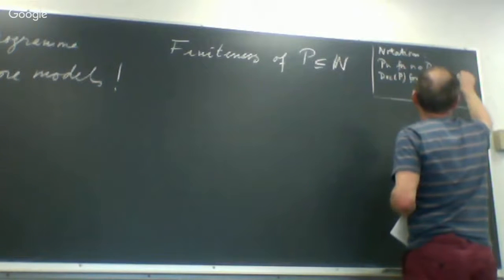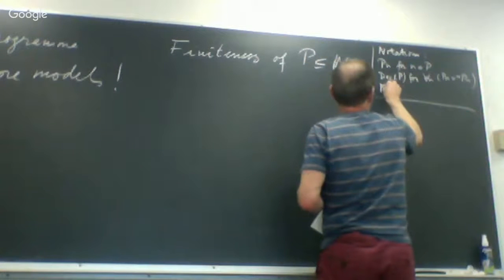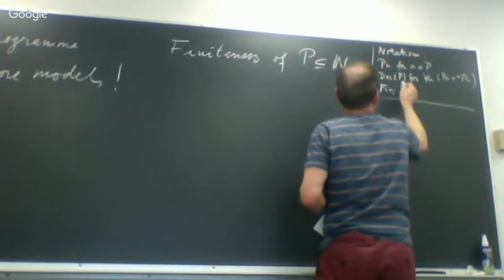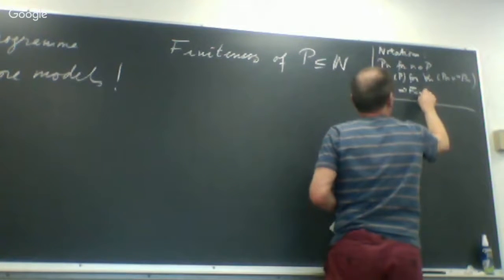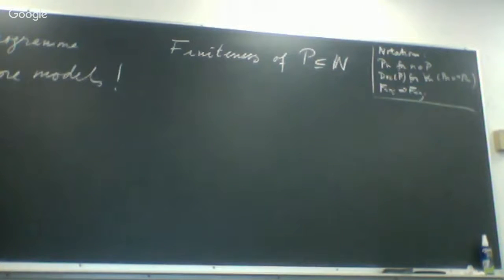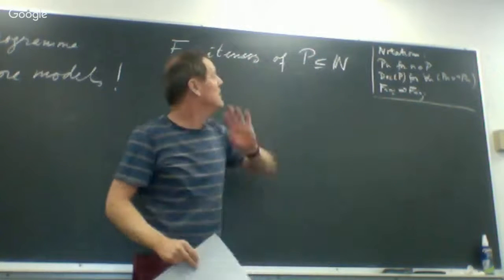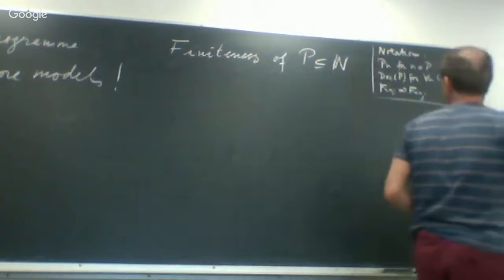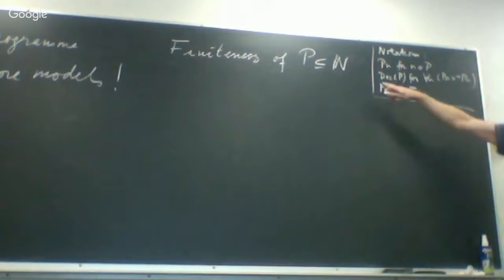And I will introduce concepts of finiteness and relations between them. This stands for the fact that for every P, the ith notion of finiteness for P implies the jth notion of finiteness for P.